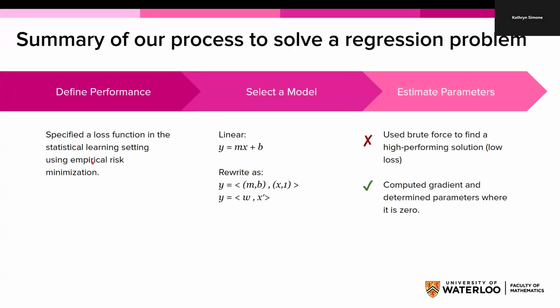So to recap so far, we've now stepped through the basic process of regression by solving a simple problem. We first positioned ourselves within a particular learning setting, specifically statistical or batch learning, and then defined a loss function using empirical risk minimization. We then defined a hypothesis class, specifically this class of linear functions, which can be rewritten using the padding notation.